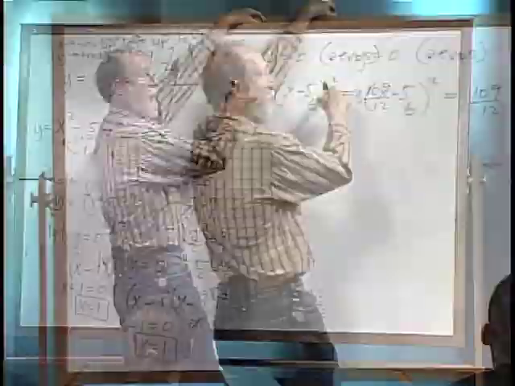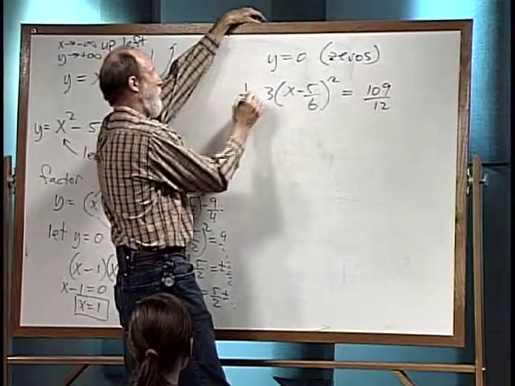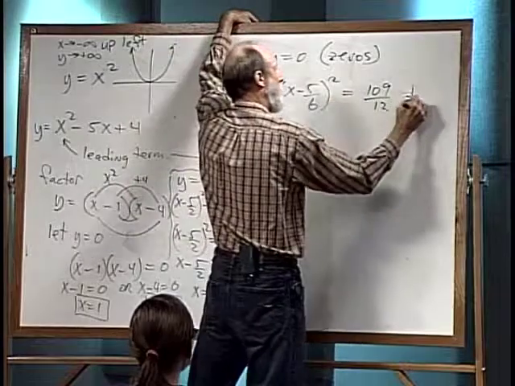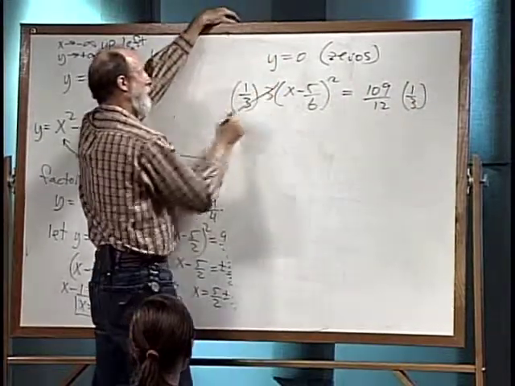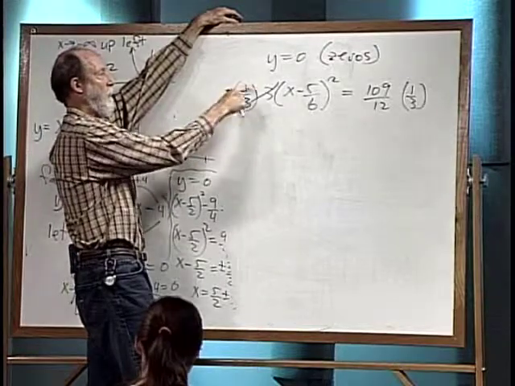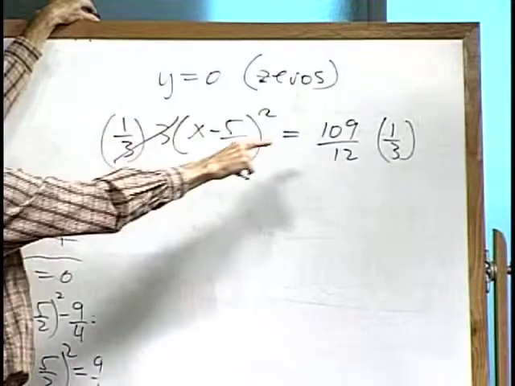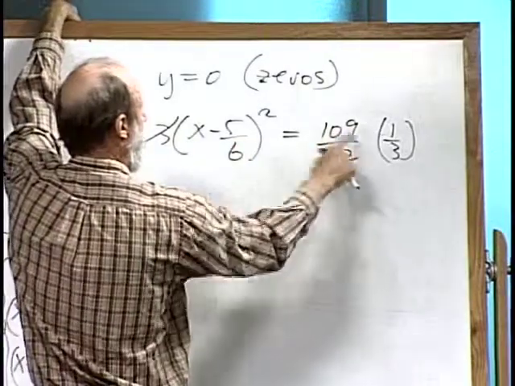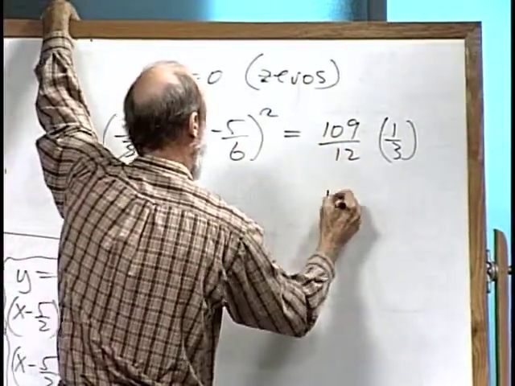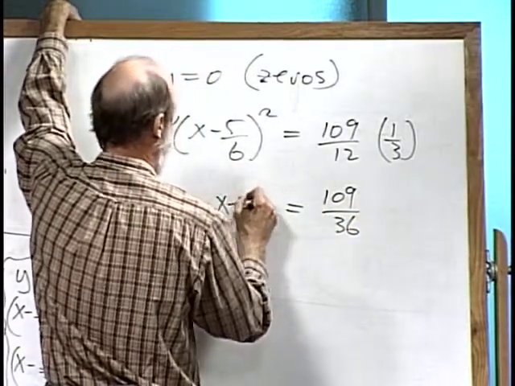Multiply both sides by 1/3 to get this 3 out of here. Instead of dividing by 3, isn't it easier to multiply by the reciprocal of a 3, which is 1/3? And then you can see I get 109/36, and that's equal to the isolated binomial.